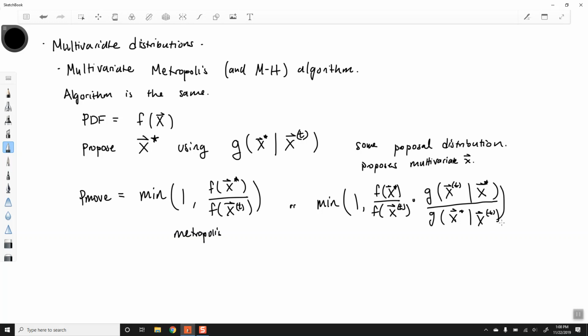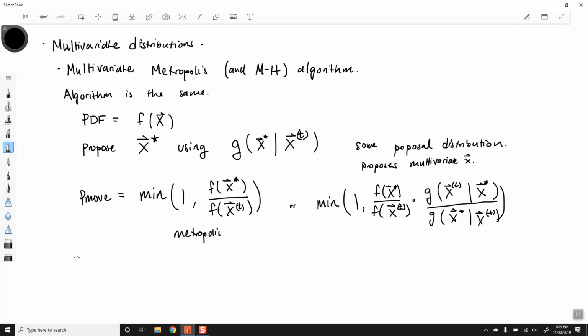So this is exactly the same thing. All I've done is taken my x's and put little vectors or arrows on top of them, or if it was printed, we would make them bold-faced to say they're multivariate, but it's the same.